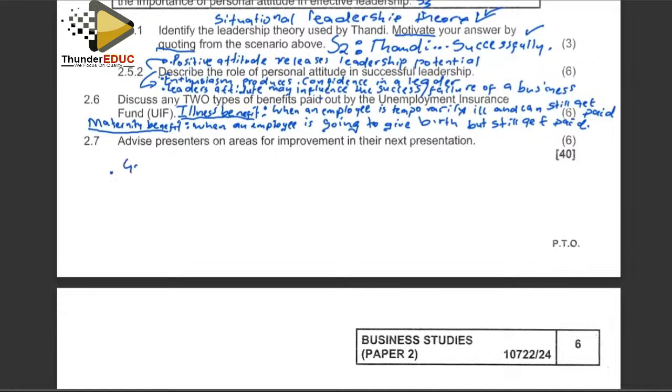Use humor appropriately, also revise objectives that were not achieved.